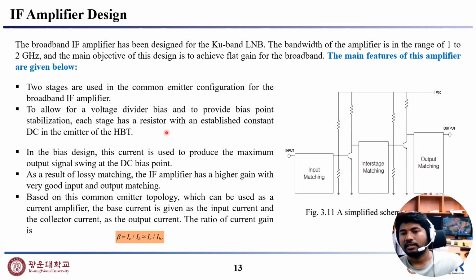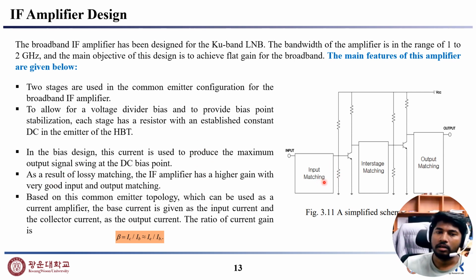Each stage has a resistor with established constant DC in the emitter of the HBT, and in the bias design the current is used to produce the maximum output signal swing at the DC bias point. As a result of lossy matching, the IF amplifier has a higher gain with very good input and output matching.